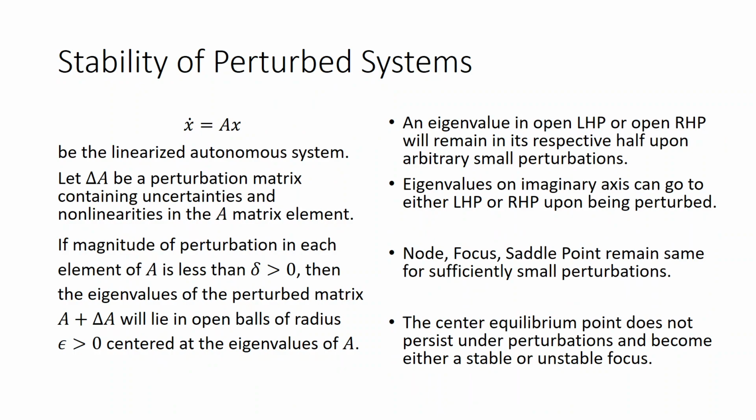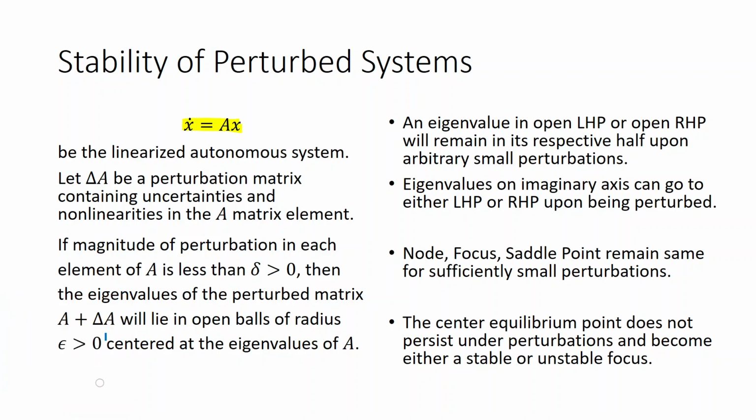Now there is a very important theoretical discussion on perturbed systems. What are perturbed systems? If you have a linearized autonomous system, x dot equals Ax, you can suppose that delta A is a perturbation matrix consisting of uncertainties and non-linearities.